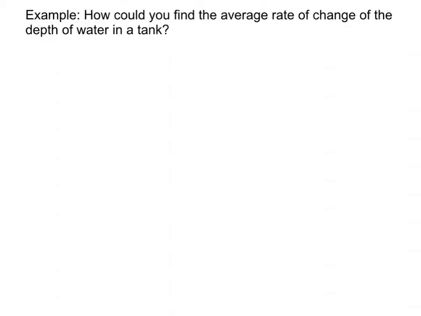My next example: how could you find the average rate of change of the depth of water in a tank? There are two ways to do this. One of them is, if they want the average rate of change of the depth of water, one way to do it would be to take the average value of a rate function.